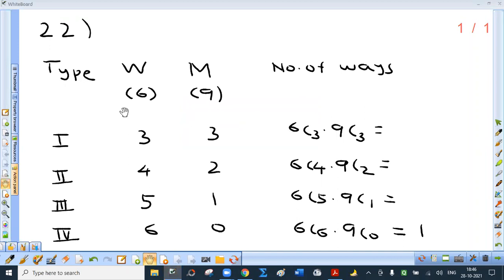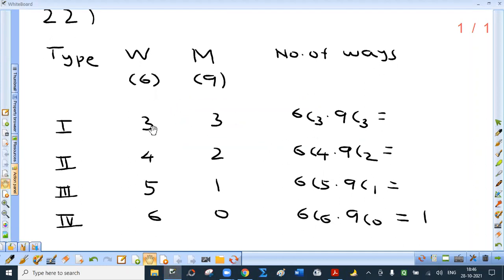Let me explain first. So there are 4 types of selections or groups rather. Number 1, 3 women out of 6, and 3 men, because committee of 6, group of 6, but 3 men should be selected from 9 men. So 6C3 into 9C3. Then second possibility, either this or this, because see, you have to use common sense.